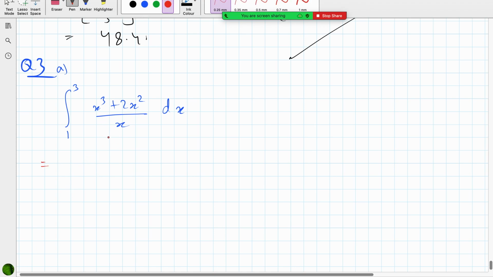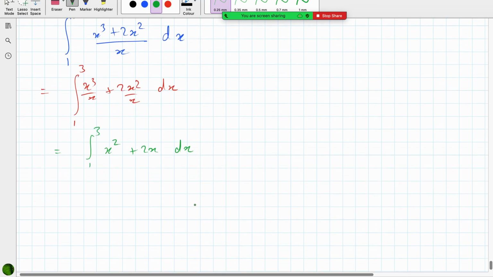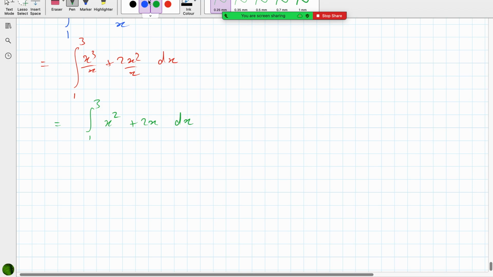So first we simplify x cube over x plus 2x square over x dx, and the limits are 1 to 3. So from 1 to 3 I have x square plus 2x dx. Now this is simplified. I'm going to integrate this part.